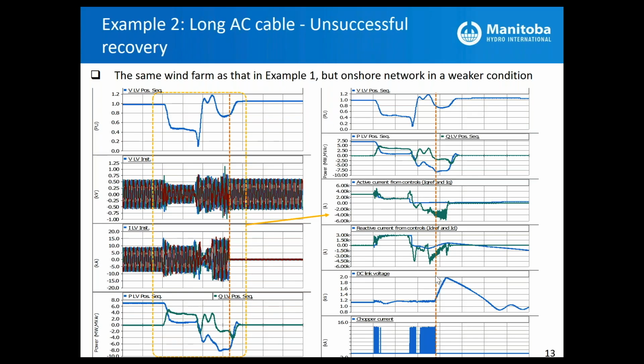So here is where the chopper stopped, and the peak of the DC voltage is where you have the DC overvoltage trip, where you see all the currents go to zero. That is an indication of phase angle instability and the inability of the PLL to maintain synchronism.